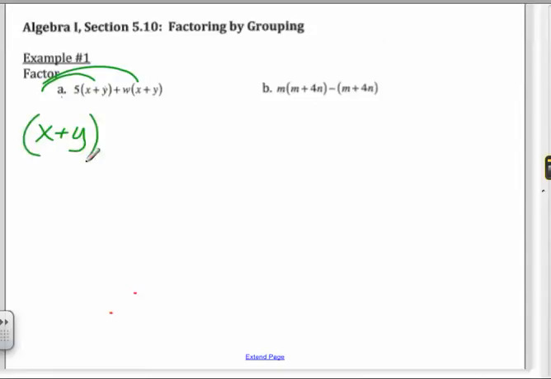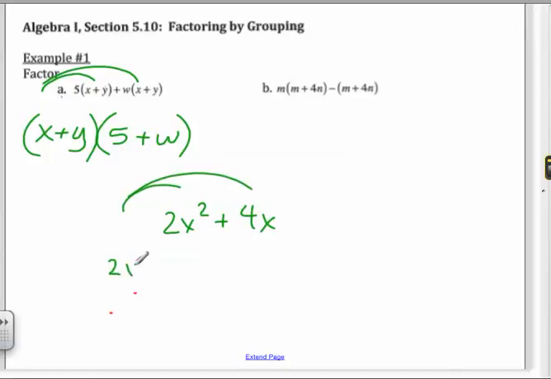But x plus y times what? 5 plus w. It's just like factoring out this one. We did this, guys. We did 2x squared plus 4x. They both have a 2x in them, so I can undistribute it.